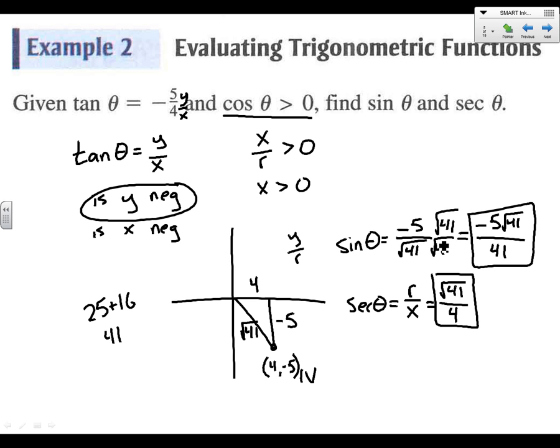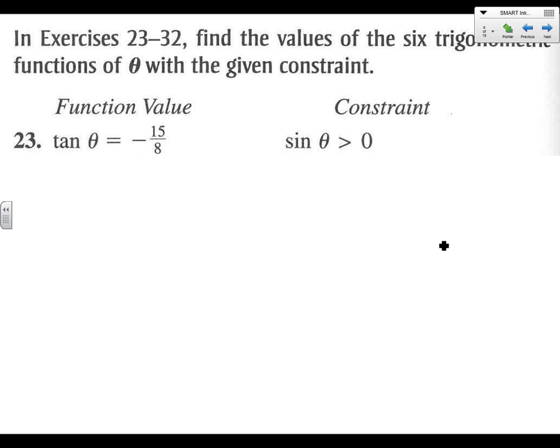Okay, all right, so see if you can use that information for problem 23. All right, tangent is y over x, and sine is greater than 0, so that's saying y over r is greater than 0. Seeing as r is always greater than 0, y has to be greater than 0.